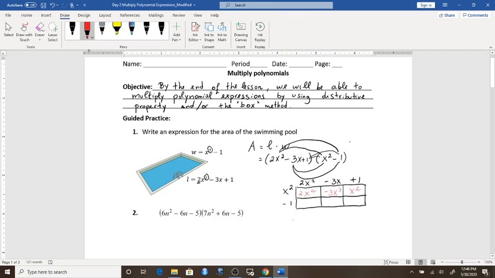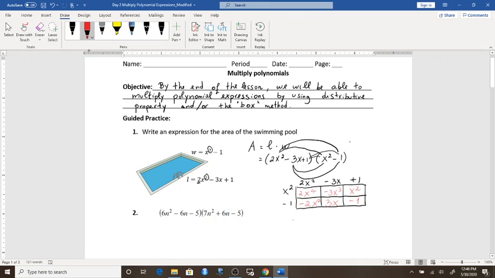Multiplying the polynomial expression by negative 1 substantially means to change the sign of these three terms. So negative 1 times 2x squared is negative 2x squared. Negative 1 times negative 3x is positive 3x. And negative 1 times positive 1 is negative 1. So we get the same terms we could get if we use just the distributive property.